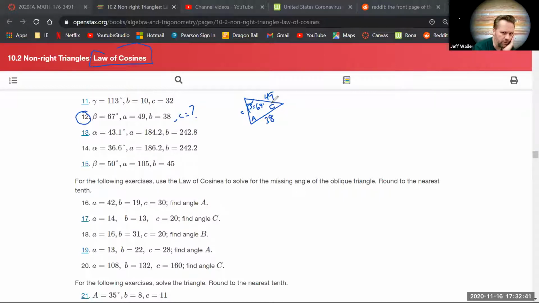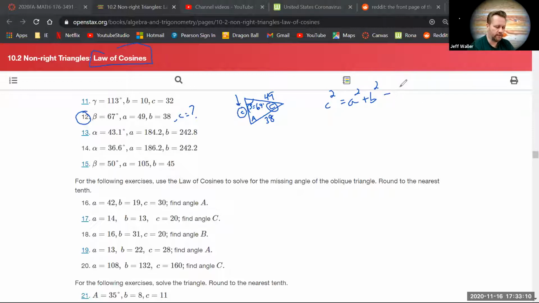Notice I don't know angle C and I don't know side C. So if I want to use law of sines, I'd have to use a couple of steps. Will law of cosines work here? So let's remember the law of cosines, and it's kind of nice. The side I want is little c, so it's going to be c squared equals a squared plus b squared. That's Pythagorean so far.